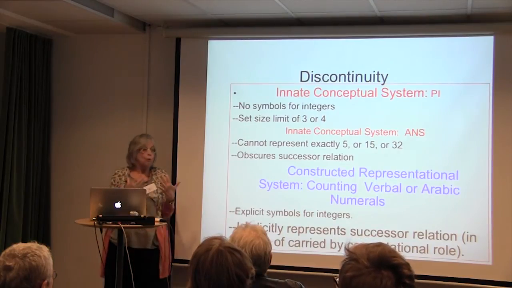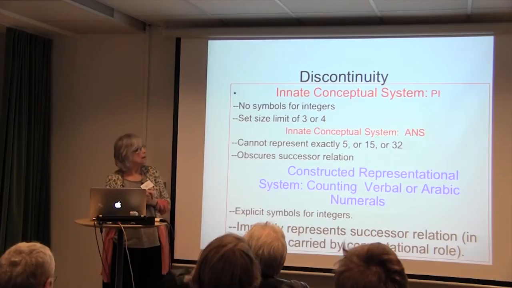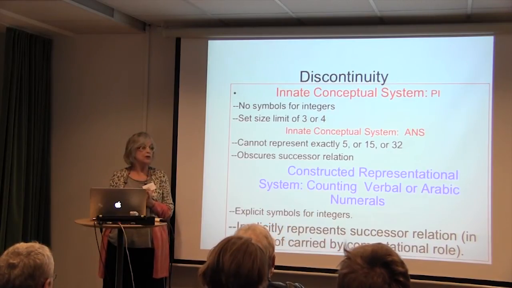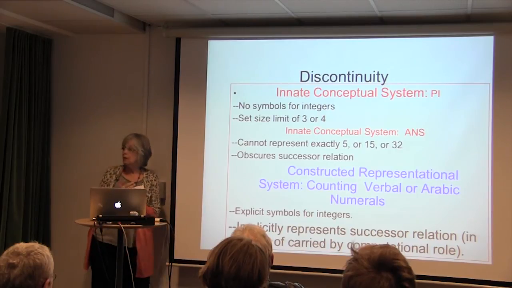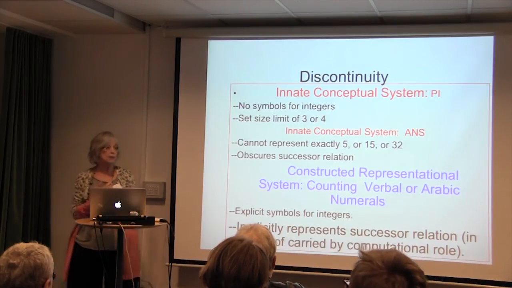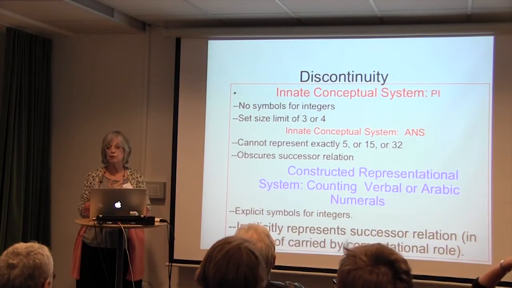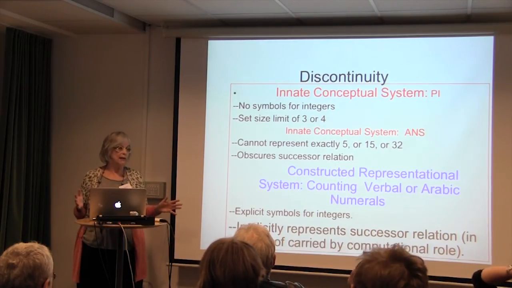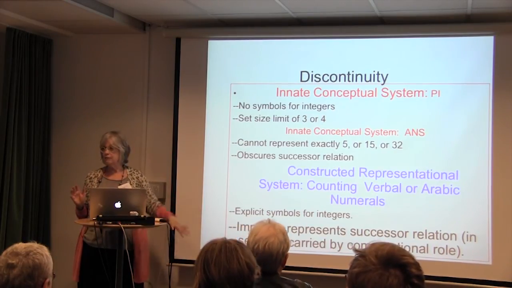So this has the consequence that learning to count should be hard and should not be cross-culturally universal. That not all cultures should have representations of natural number, and both consequences are true. And I'm not going to show you that data or characterize the learning mechanism I think that achieves this difference.